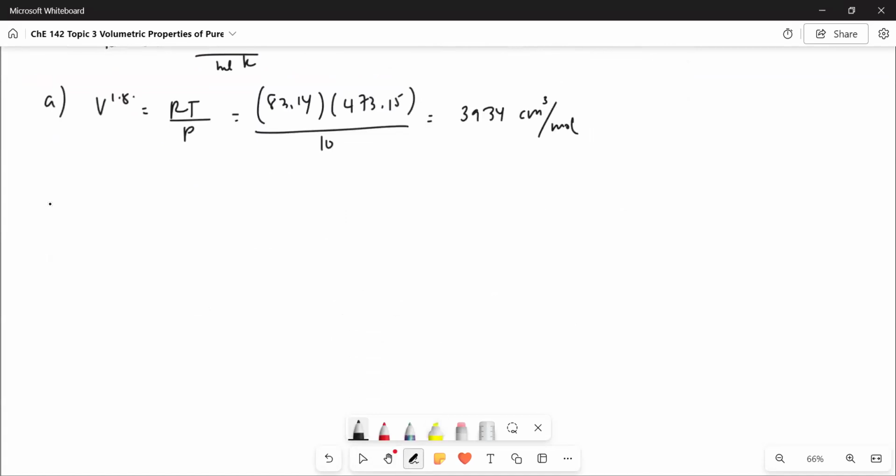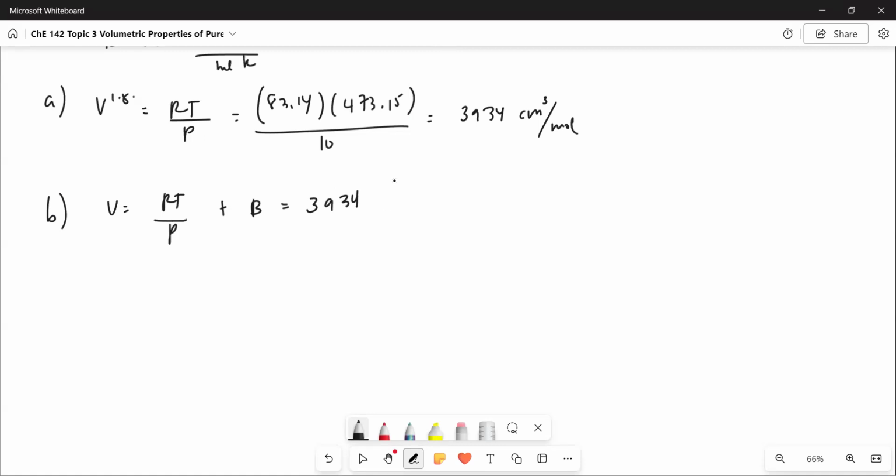Next, for letter B, the two-term virial equation. So let's write the equation. V is equal to RT over P plus B. So everything is given to us, and we already have solved RT over P, so let's write that. 3934 cm cube per mole.